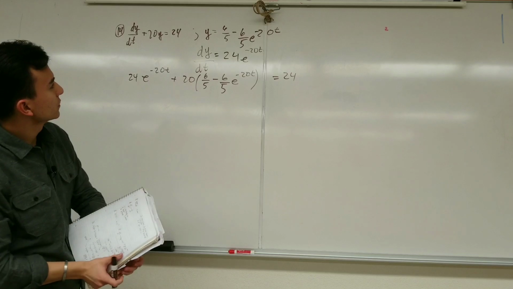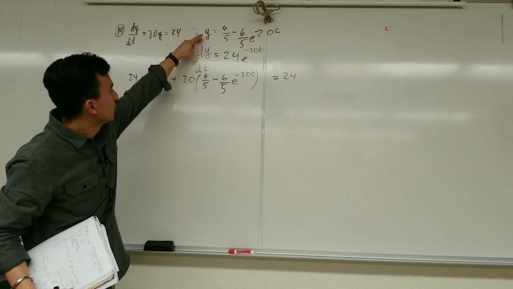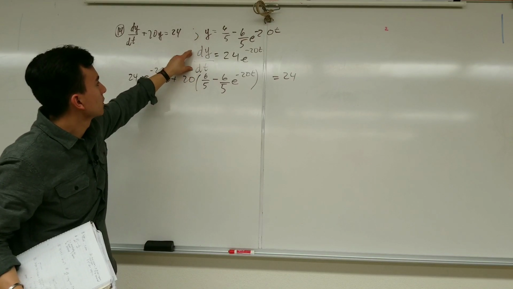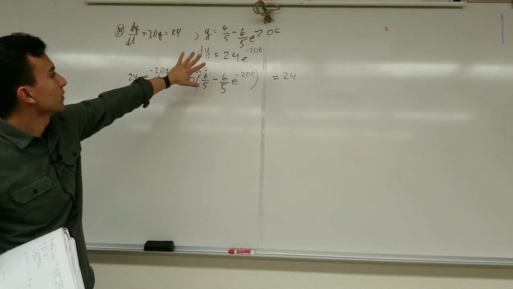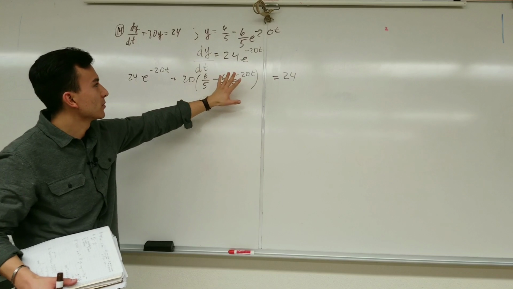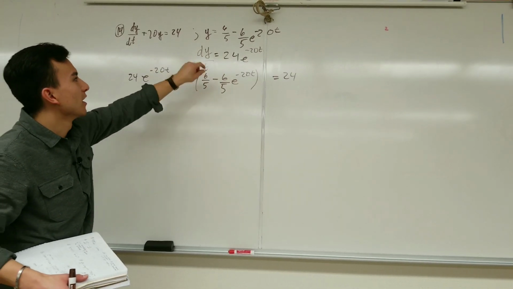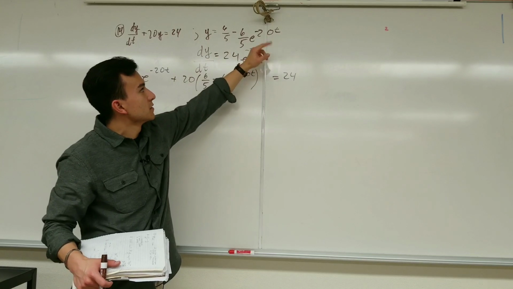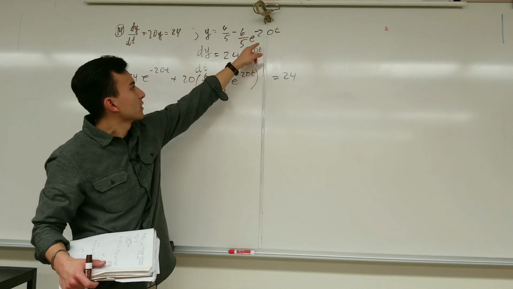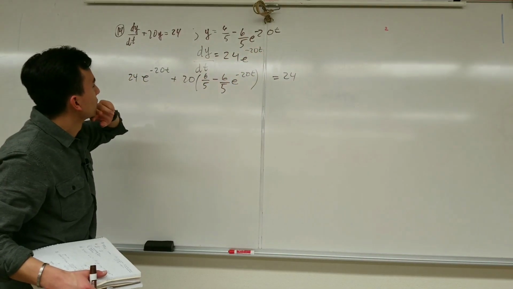Okay, so all I did was take the solution and take the derivative of it. If you know how to take the derivative, well, this is a constant, so it just goes to 0.